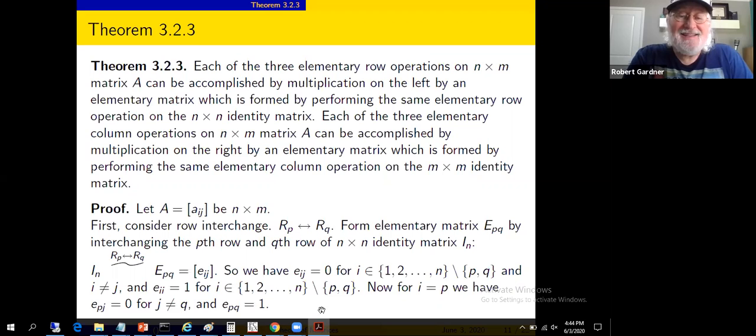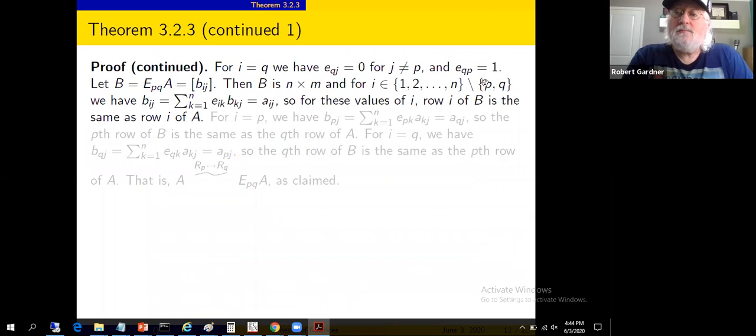So that's exactly this, except we've changed that first index from a Q to a P. So 0s away from this entry in the qth column and a 1 there. Similarly, when we look at i equals Q, now the qth row of this E matrix, we get 0s when we stay away from P, and we get E sub QP equals 1.